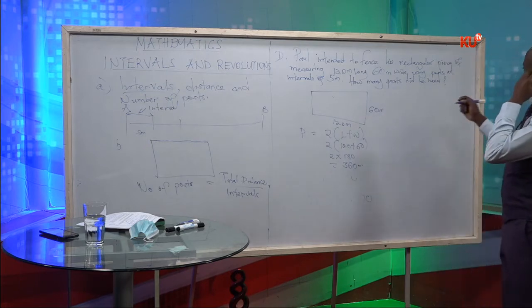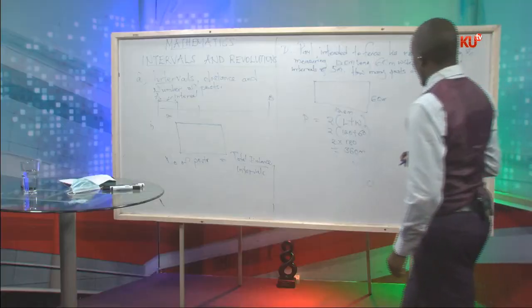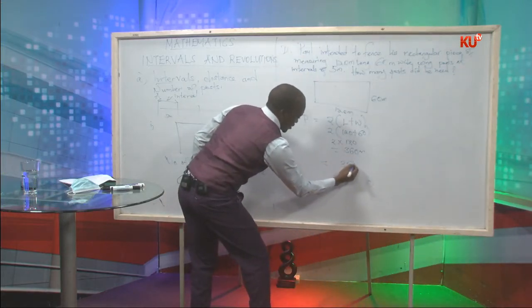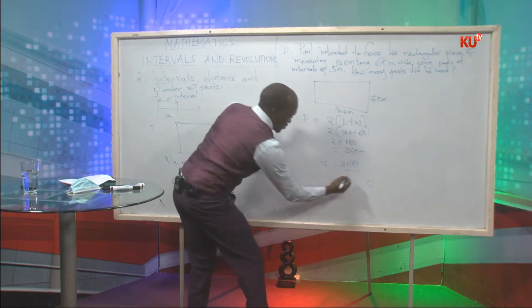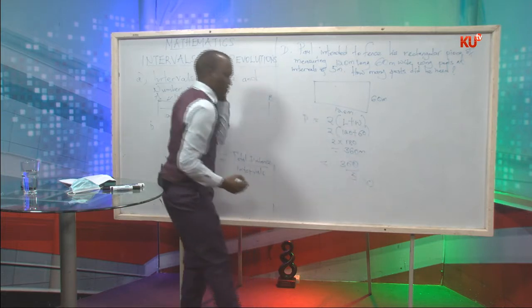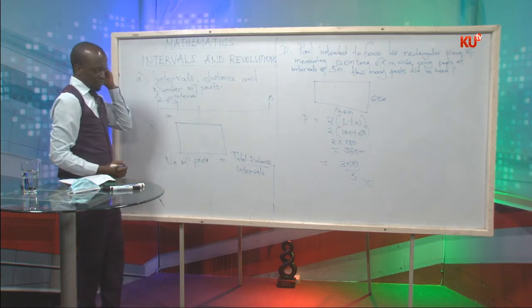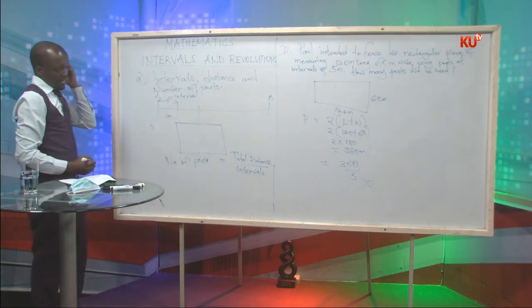The interval we are given here is 5 meters. So we apply the formula: 360 divided by 5. That is simple division.